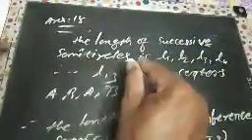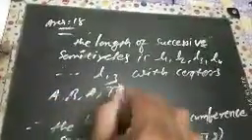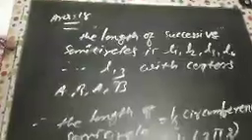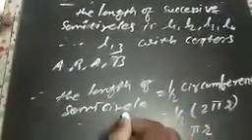Now the answer to question 18. The lengths of the successive semicircles are L1, L2, L3, L4 up to L13, with centers alternately A, B, A, B, and we form semicircles. The length of a semicircle is equal to 1/2 the circumference.